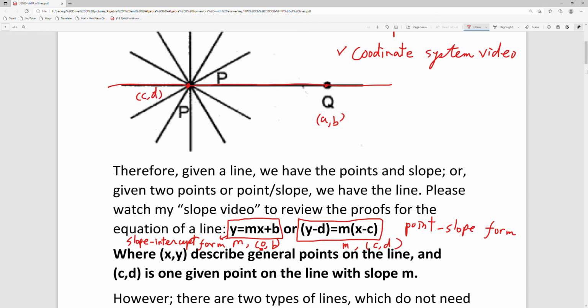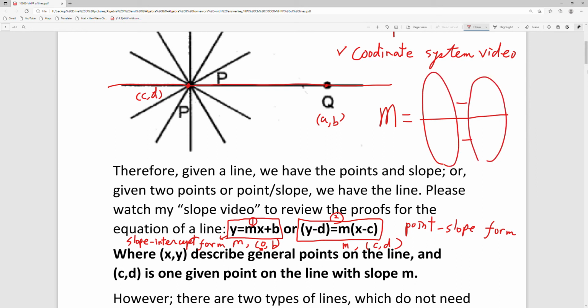How do you use these 2 formulas? Very easy. We have a slope formula. You find the slope with these 2 points. You always have y on top, x on the bottom. The change in y over the change in x. Rise over run.